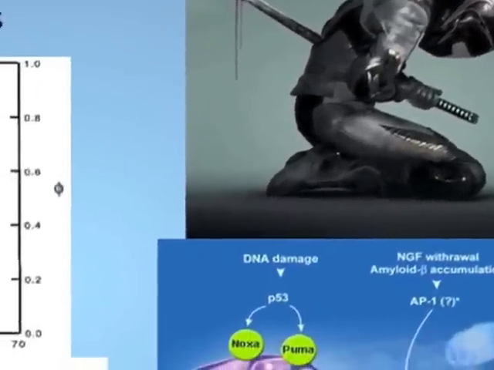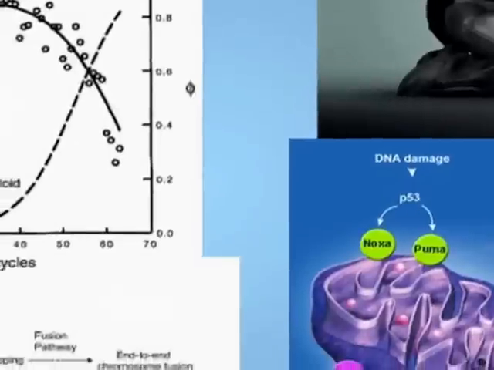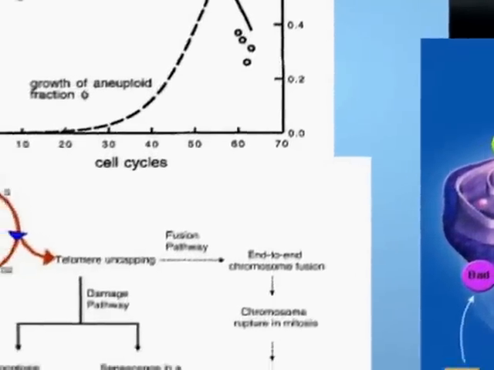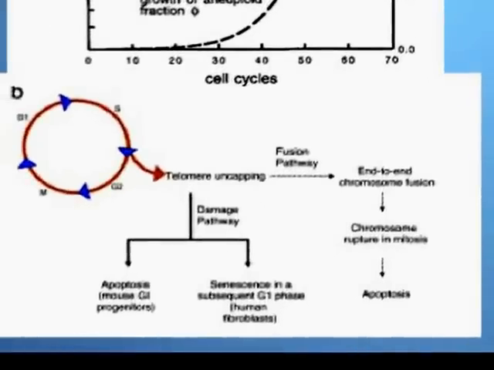And that is a fundamental mission of the cell, to kill itself. And this diagram shows that as the telomeres are uncapped, again, we discussed the DNA damage pathway, which is apoptosis, and there's also the senescence pathway, which is phoning it in. They don't die as they should, but they stay on their job, and they don't really reproduce well, and they create problems and inflammation.